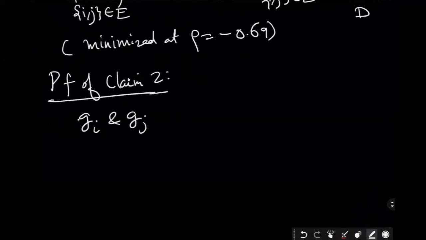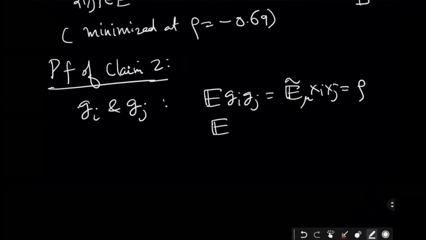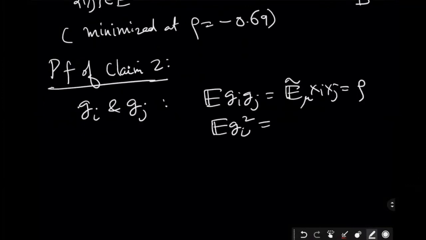And these are correlated Gaussians, right? We know that their correlation looks like E[GI GJ] equals E tilde mu of xi xj, which, if you remember, equals rho. And we also know that E[GI squared] equals what?